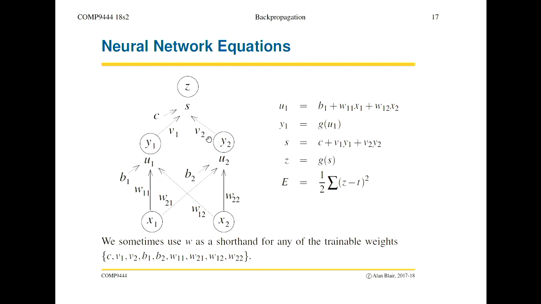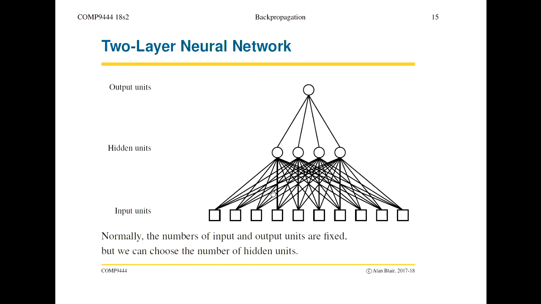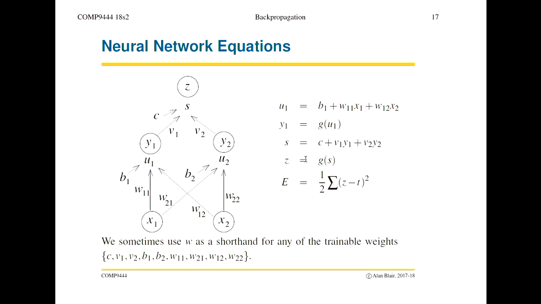With this network of 2 inputs and 2 hidden nodes, we have 9 weights to specify the network. All of this is fixed, and then we just try to find values for these weights that will correctly classify these inputs.